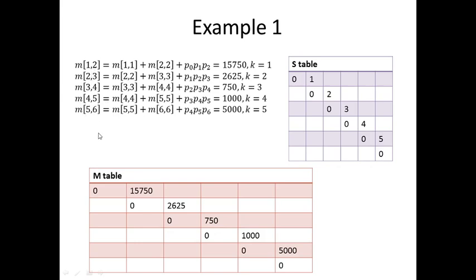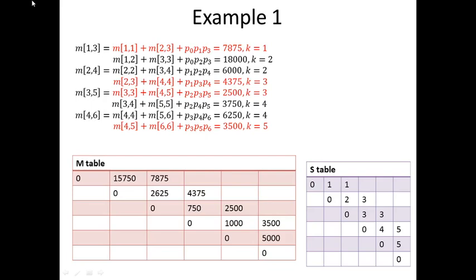This will give you an idea of what multiplications are required if you multiply A1, A2 as a group, A2, A3, A3, A4, A4, A5, A5, A6, and then A1, A2, A3, A2, A3, A4, A3, A4, A5, A4, A5, A6. These are the possible subsequences, which means we are exploring all possible subsequences and picking the optimal solution.